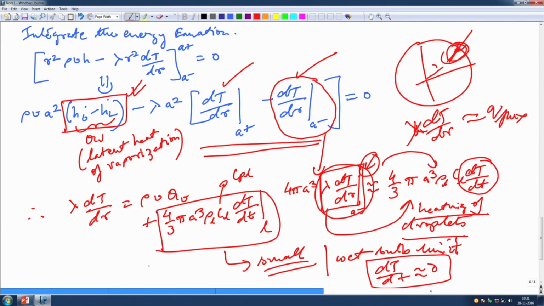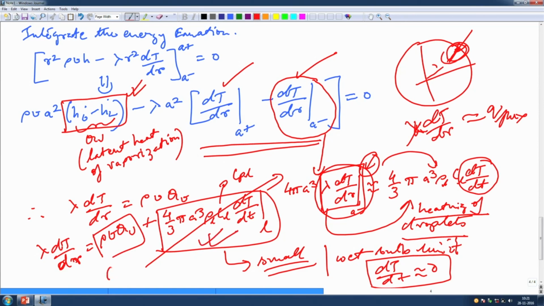So if this is equal to 0, if you take this particular term out, then dT/dr is equal to rho v into Q_V, where Q_V is the latent heat. Or if you include this also, then this Q_V is written as Q_V effective. So you sum the two.